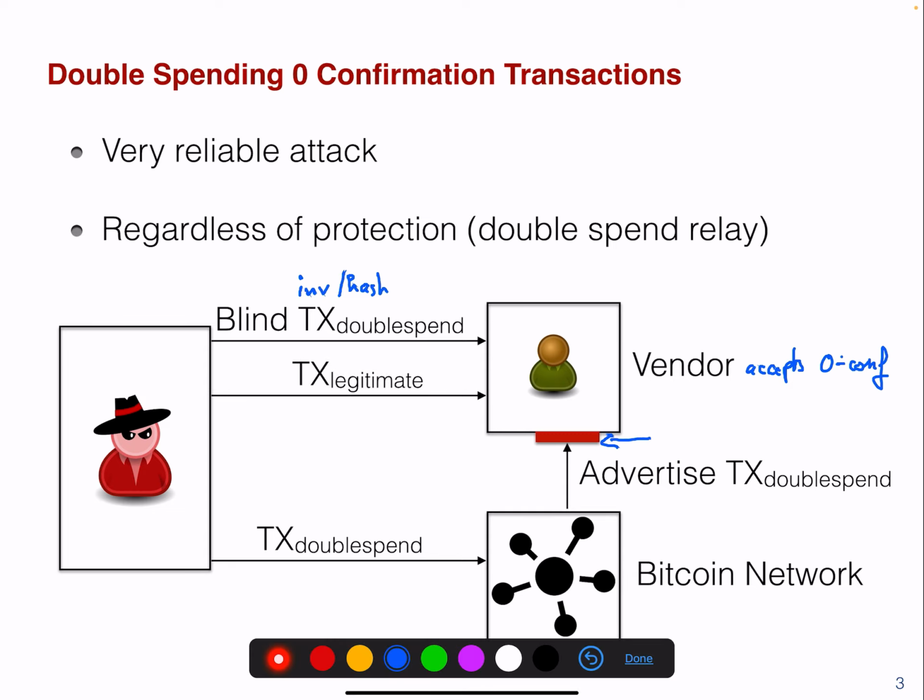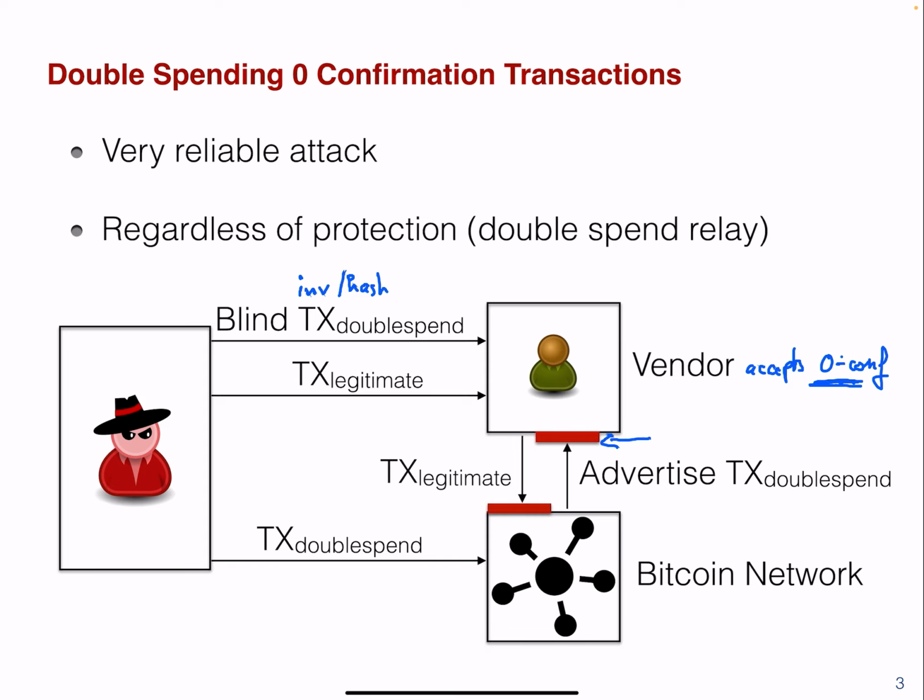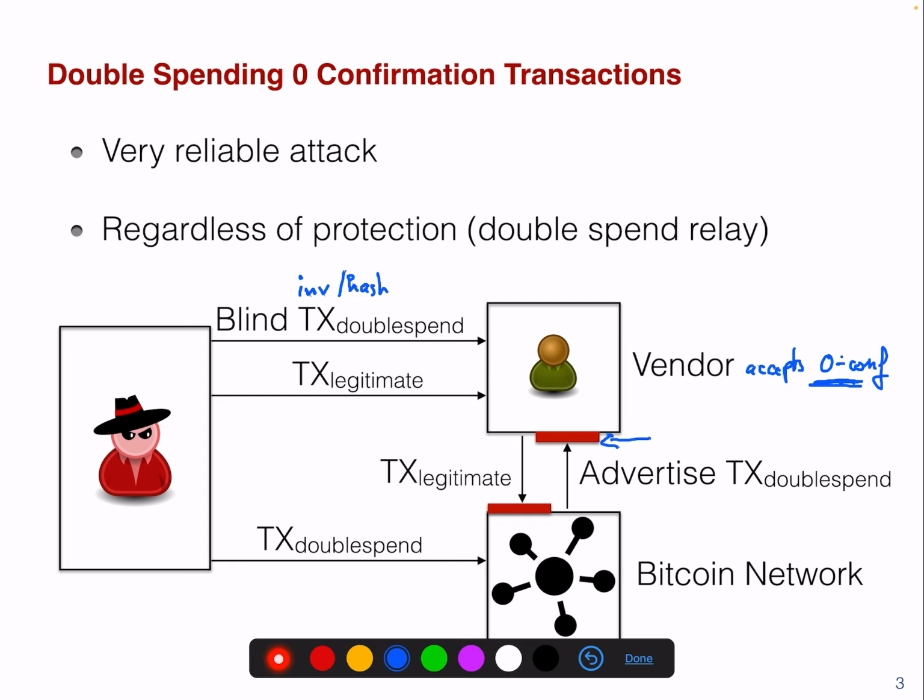So then the adversary will send a legitimate transaction to the vendor, and the vendor will say, thank you, I accept that transaction, because he accepts zero confirmation transactions, and the vendor will even forward the legitimate transaction to the Bitcoin network, but the Bitcoin network will not accept it because it conflicts with the double spend transaction, and here we go, right? That's a very simple double spend of zero confirmation transactions.